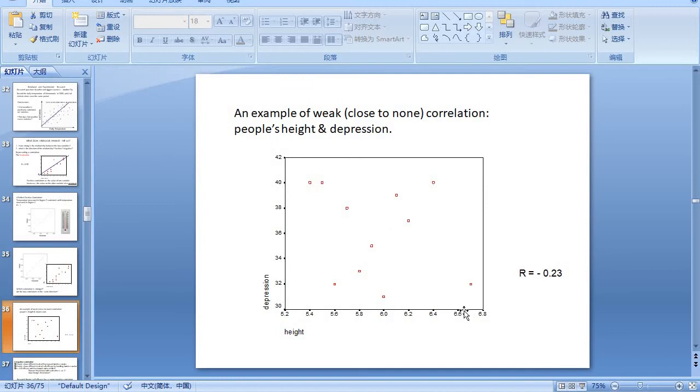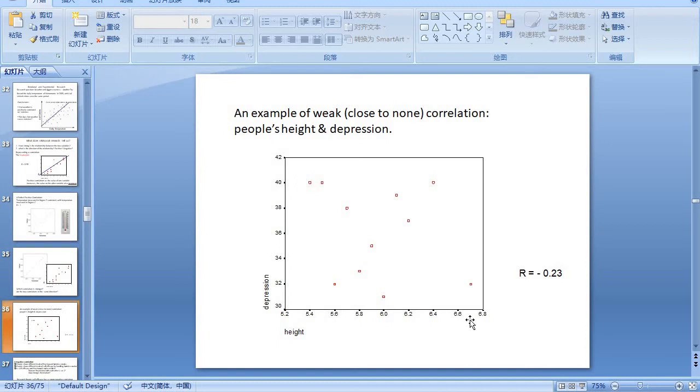This is a really weak correlation. What does a weak correlation look like on a scatter plot? You don't see a particular pattern. You see the dots are all over the place. There's not too much of a correlation between the x-axis and the y-axis. Here, the x-axis, the horizontal axis, represents the variable of height.